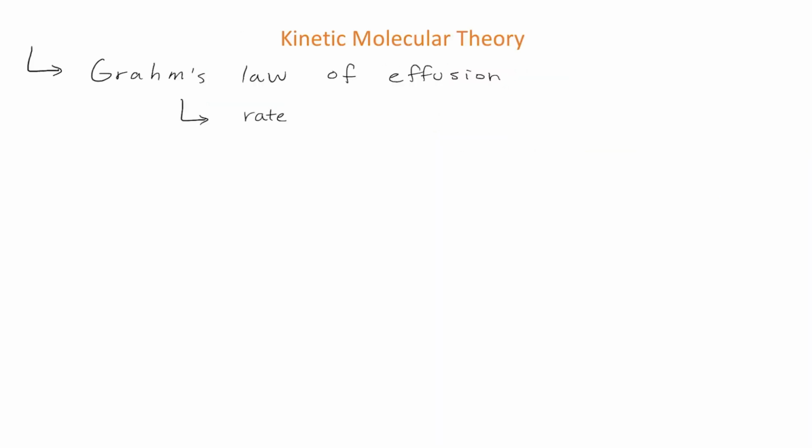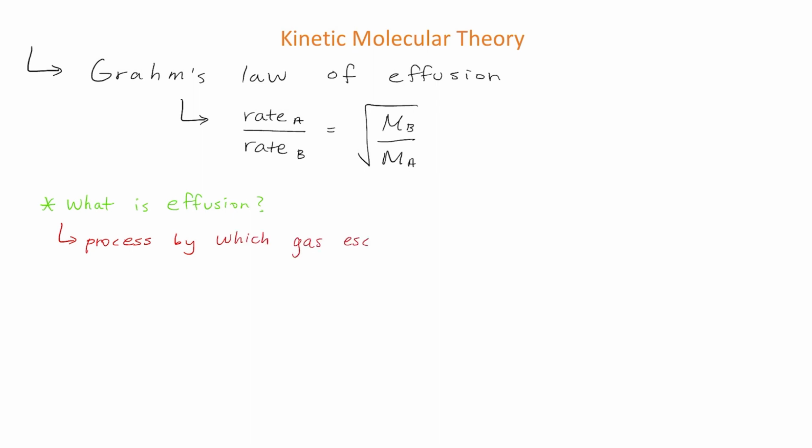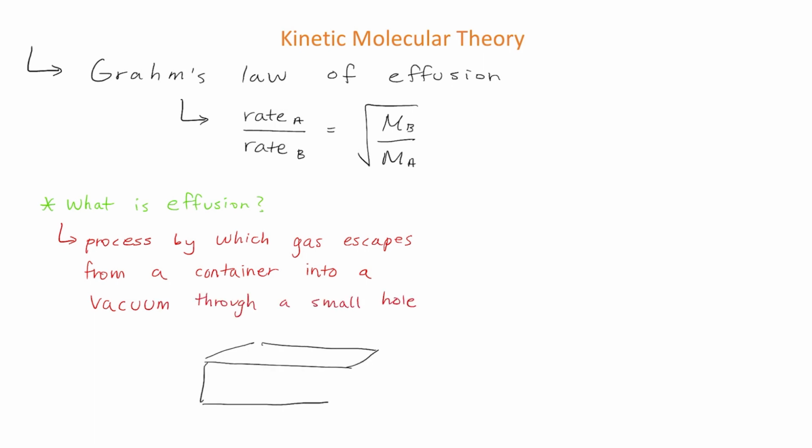The second application of the kinetic molecular theory is Graham's law of effusion. Now, what is effusion? Well, it's the process by which a gas escapes from a container into a vacuum through a small hole. So you can imagine if we've got this container and it's got two sides.